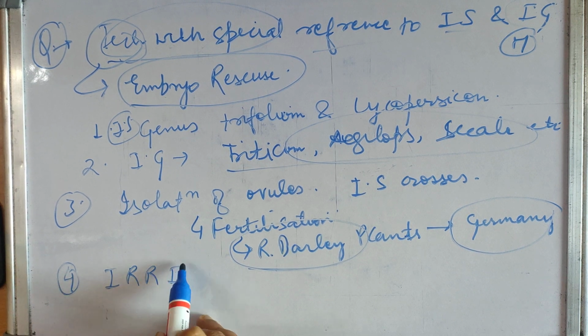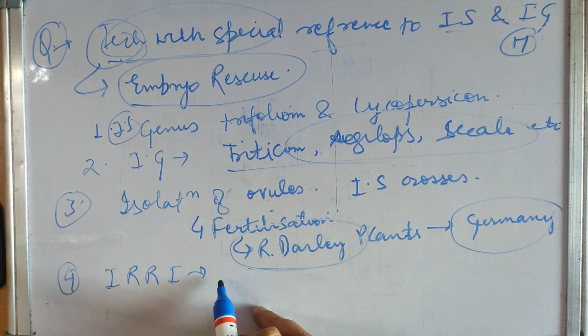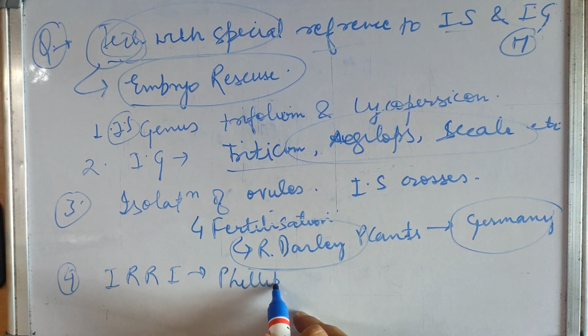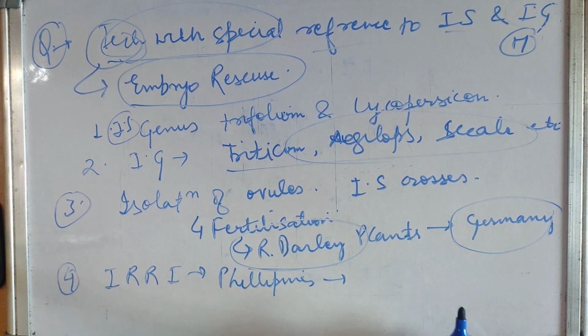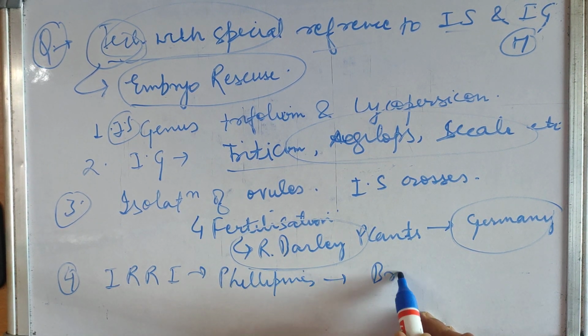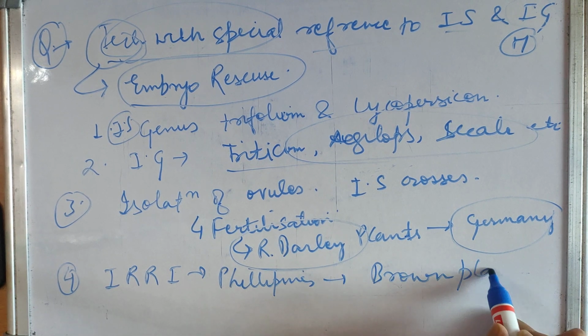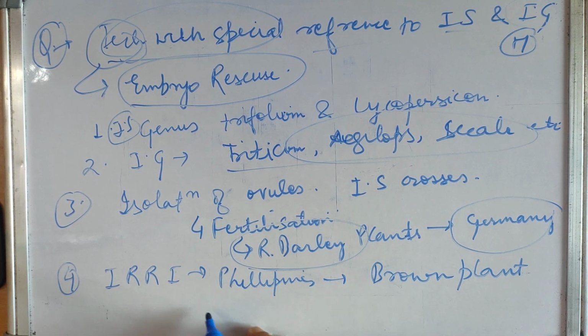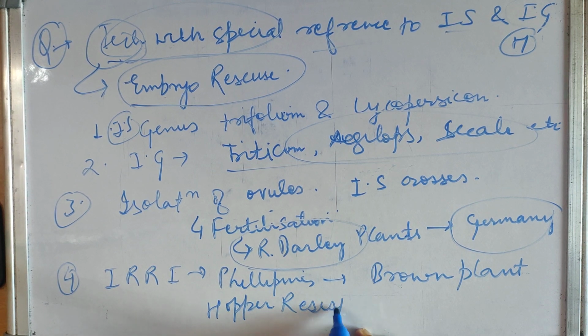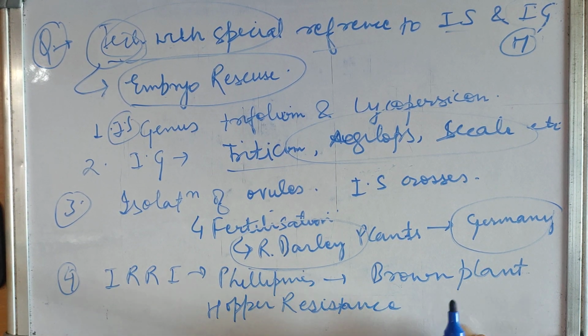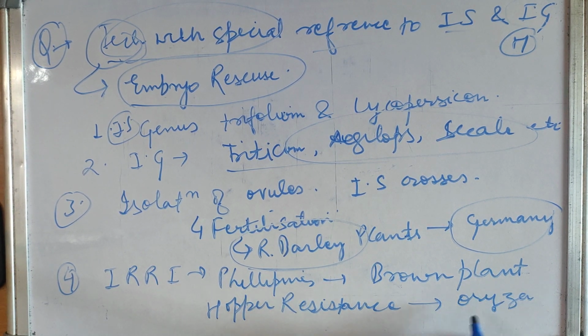IRRI Philippines, that is the International Rice Research Institute of Philippines, used this technique to transfer brown plant hopper resistance from a wild species of Oryza, that is Oryza officinalis.